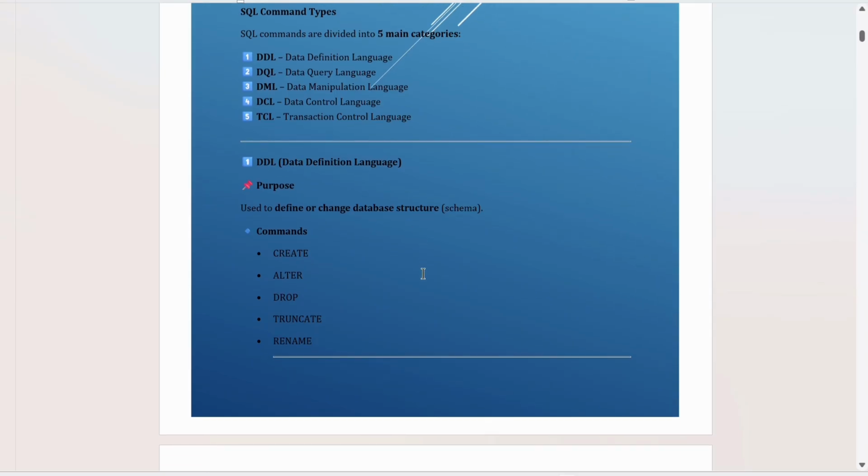Under DDL, we'll be having the commands like create, alter, drop, truncate, rename. In the coming classes, we'll be writing queries using all these commands so that it becomes easy for us to understand each and every command. For now, just try to know what commands we have in SQL.